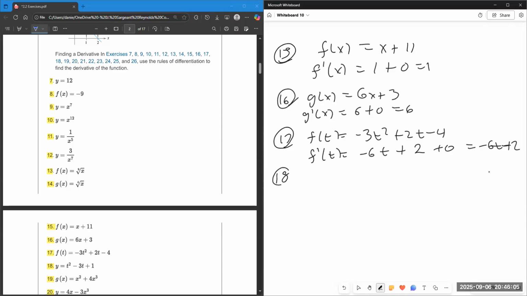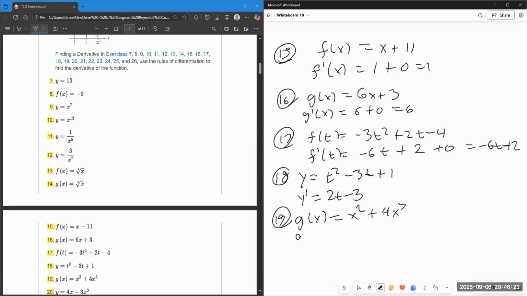18. y equals t squared minus 3t plus 1. So y prime equals 2t minus 3. 19. g of x equals x squared plus 4x to the third. g prime of x is 2x plus 4 times 3, which is 12x squared.